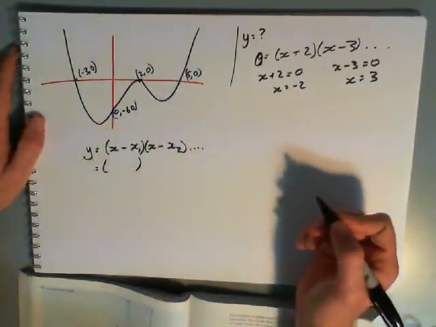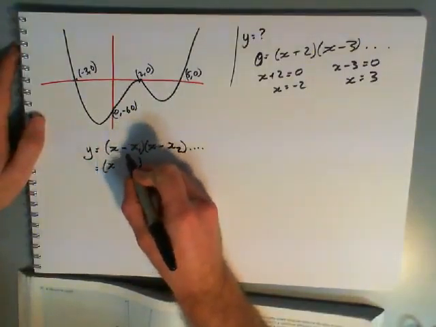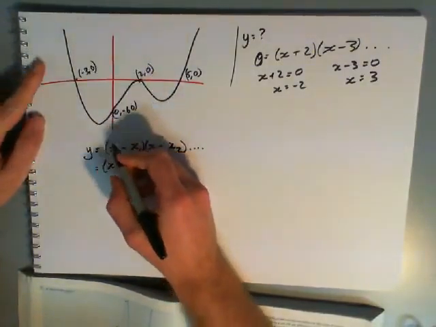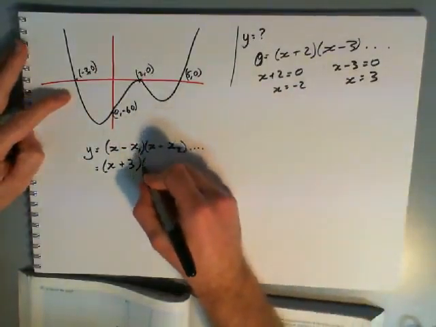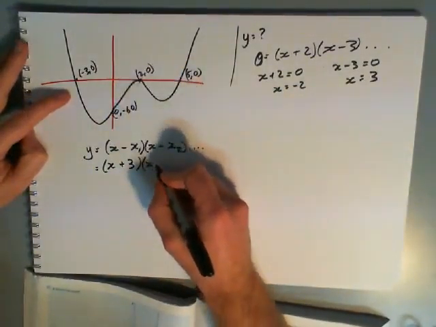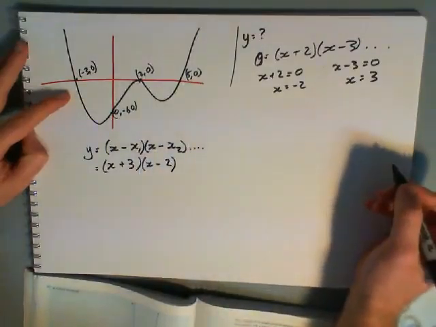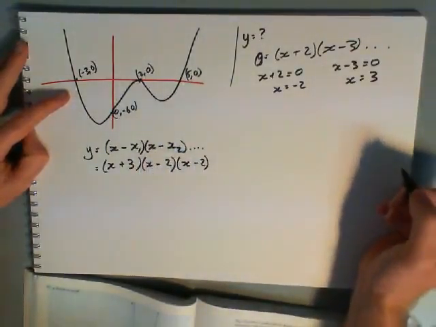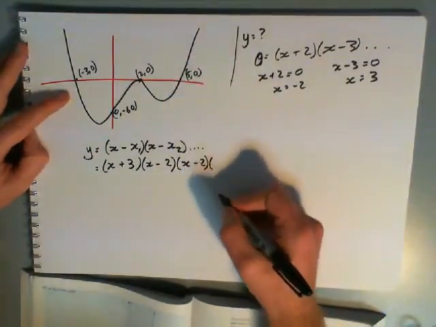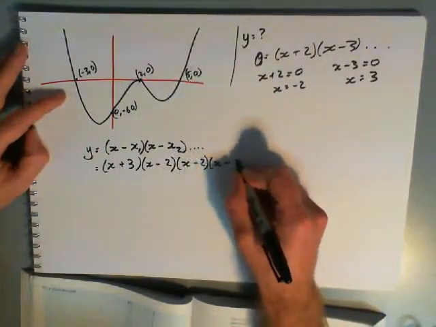So putting them into our equation, we can say x take our first point, which is minus 3. So doing the opposite of it, x plus 3. This one, x take 2, and it's a repeated factor, so I'll write it as x take 2 again. And then our last point at 5, so x take 5.